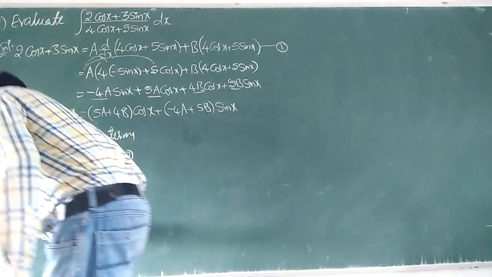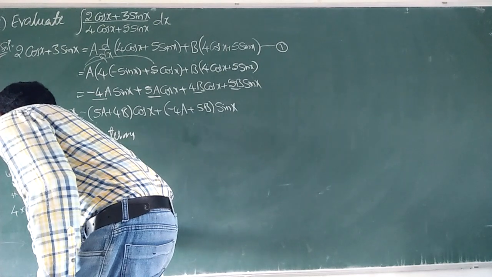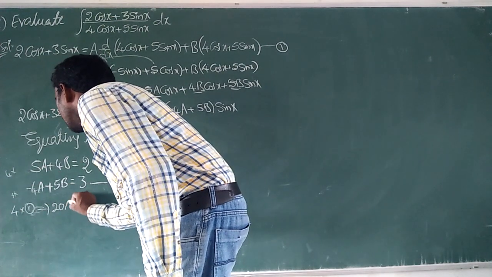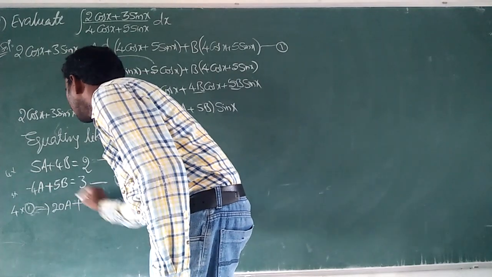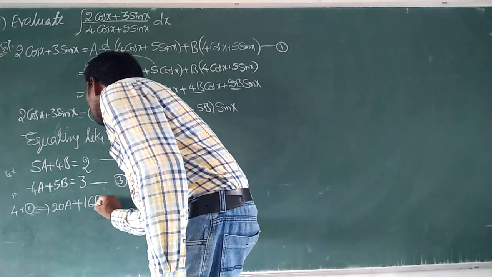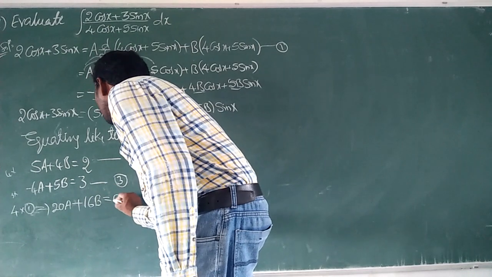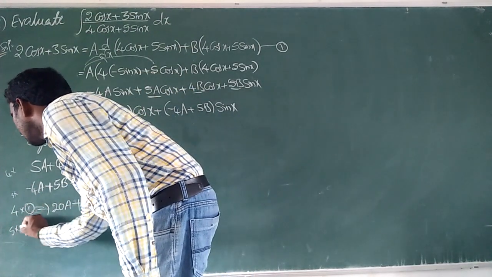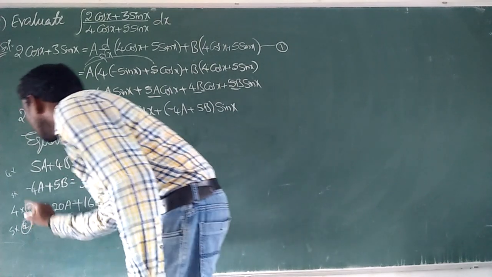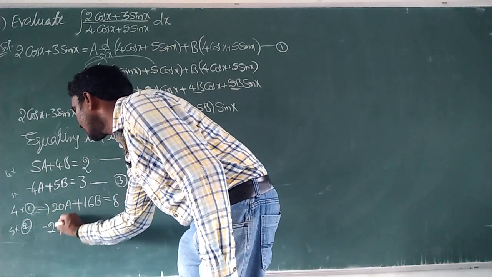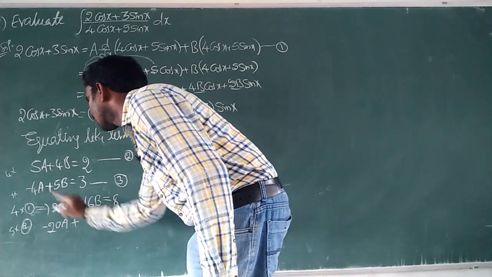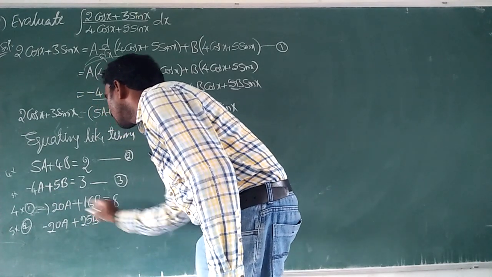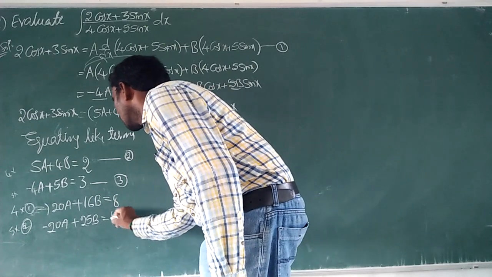So 4 into the first equation: 4 into 5, 20a plus 4 into 4, 16b is equal to 4 into 2, 8. Similarly, 5 into the second equation: 5 into minus 4, minus 20a plus 5 into 5, 25b is equal to 5 into 3, 15.